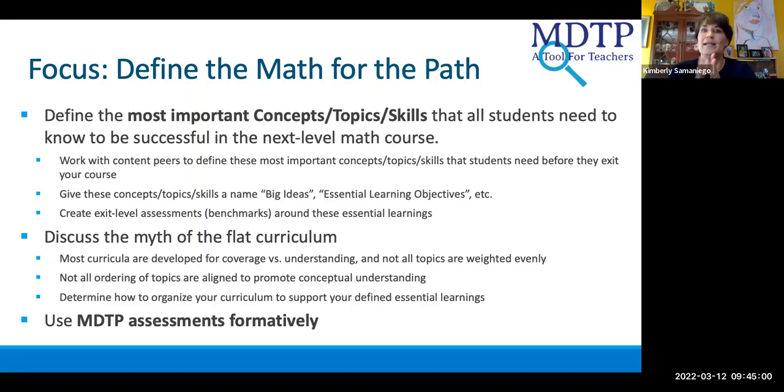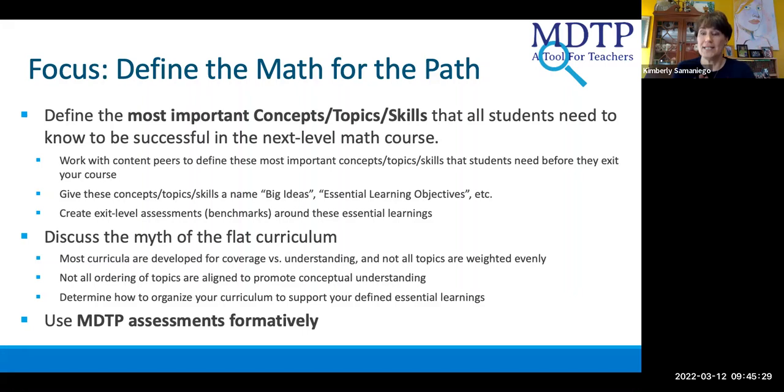So what I have done in the past when I worked with groups of teachers, and I would say I was department chair for about 17 of the 20 years I taught in secondary math, we would always meet at the end of the year about now, and we would think, okay, where are we and where do we need to go and how do we focus? What are the most important things my students need to know to leave me and be successful in the next level? Very great conversation to have with the people in the room around you.